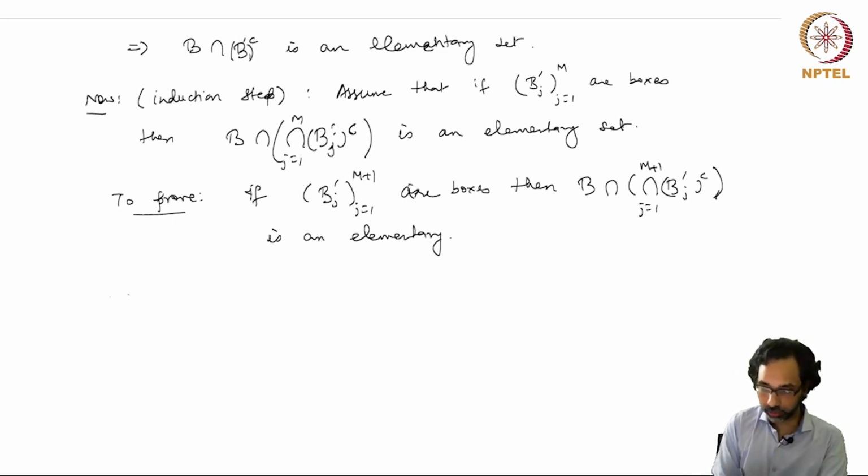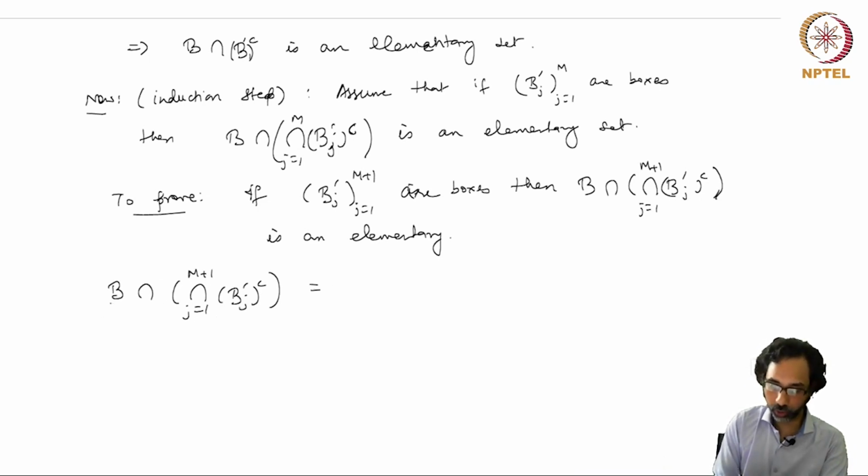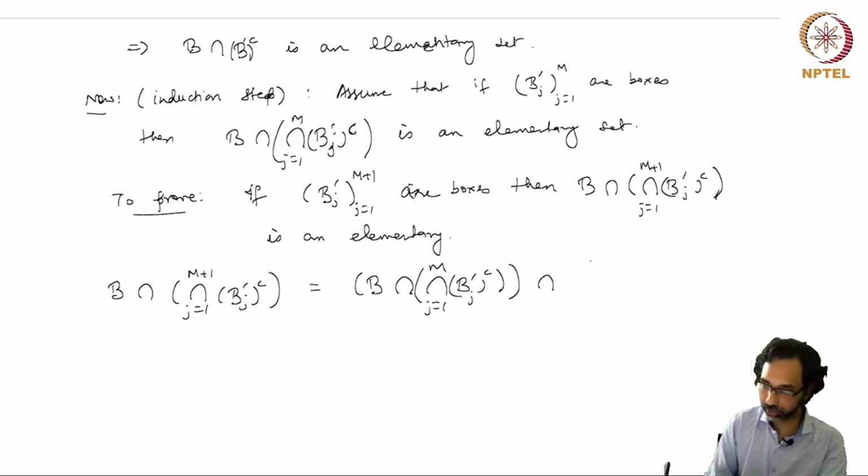So let's write down what is B intersection of j equal to 1 to m plus 1 Bj prime complement. Note that you can take out m of these and group them with B. So this is B intersection j equal to 1 to m Bj prime complement, and then again you can take an intersection with B m plus 1 prime complement.